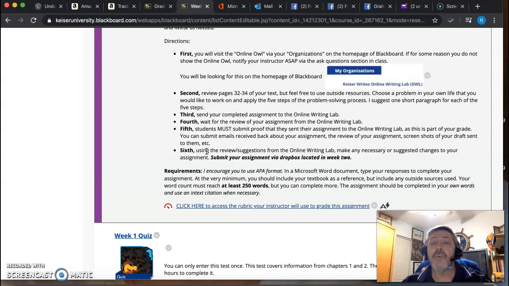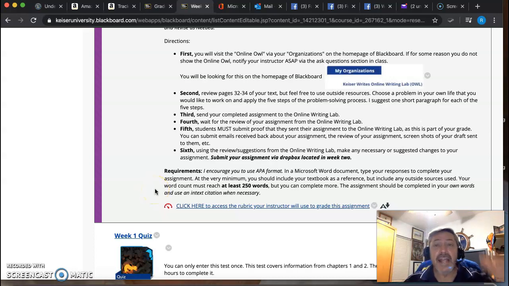They'll review your paper, making recommendations, sending you an email back with those attachments. Once you get that email, forward that email to me so I have it for grading, and then incorporate those recommendations into your final draft. Now your final draft will not be due until the end of week 2, and you'll have to submit it then.